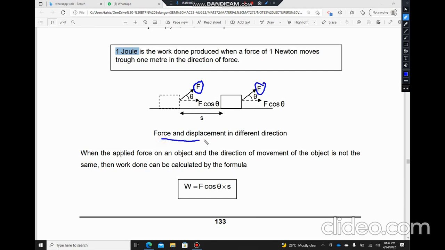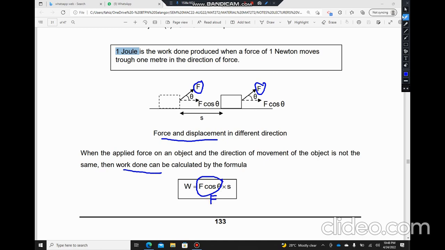So this one is force and displacement in different direction, when the applied force on an object and the direction of movement of the object is not the same. Then work done can be calculated by the formula W equals F cos theta multiplied by S. Cuma yang ni dia tak jadi F lah, dia kena guna F cos theta. Kalau sebelum ni just F, force.